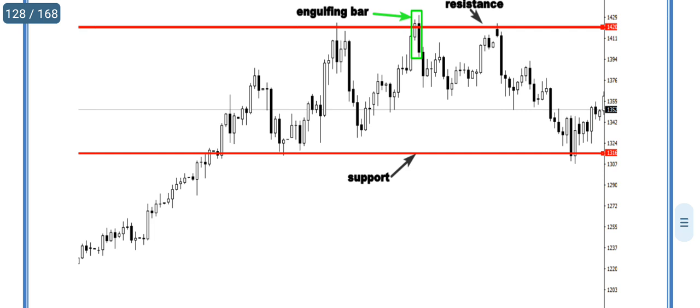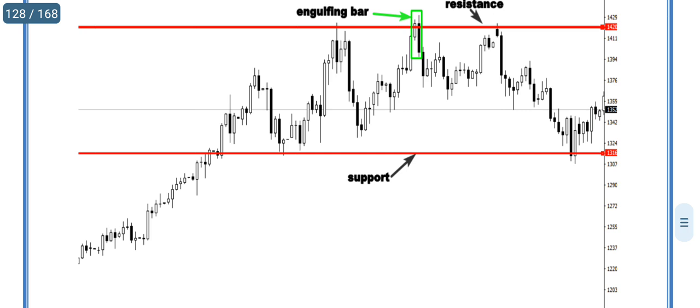So when the price approaches either a resistance or a support level, we can enter the market by either buying or selling. At the support level, we are going to see the formation of a bullish engulfing bar, and its formation indicates a buy signal, so we shall buy the market.